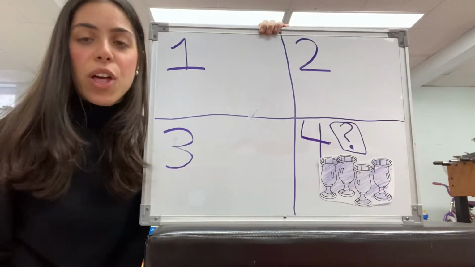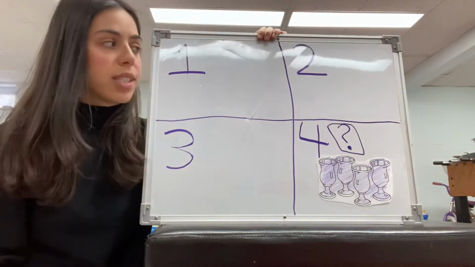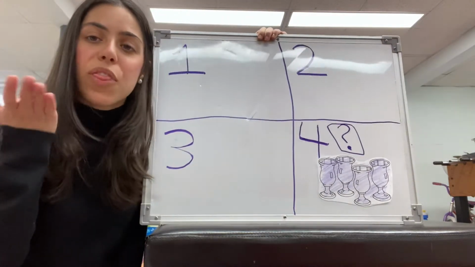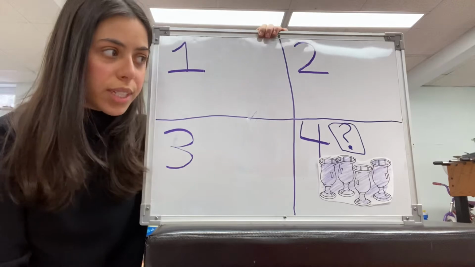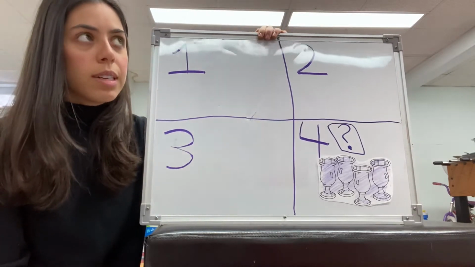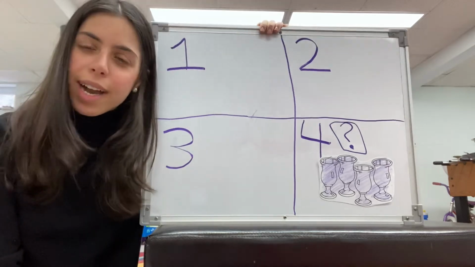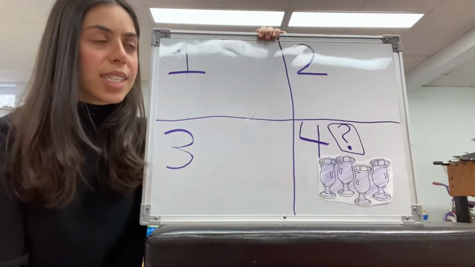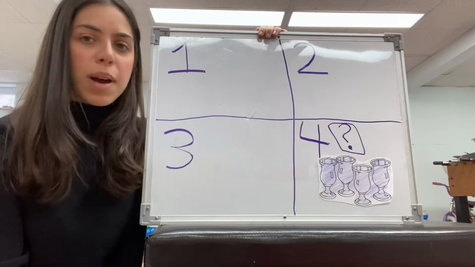What do we have 3 of on our table? What do we have 3 of? We put 3 of something on the table. It's not cups of wine. It's only 3 Haggadahs? No. Every person has a Haggadah. Do we eat maror 3 times?